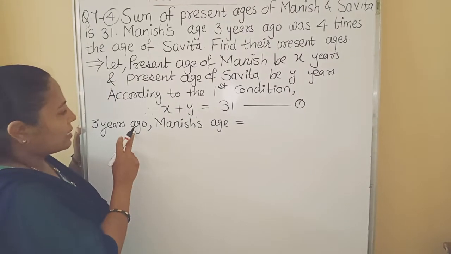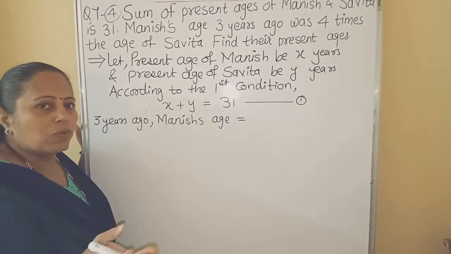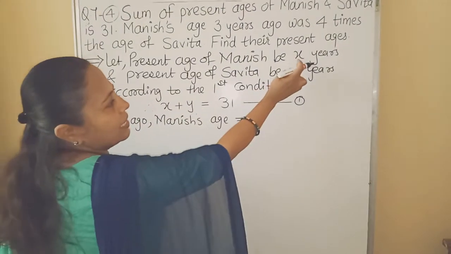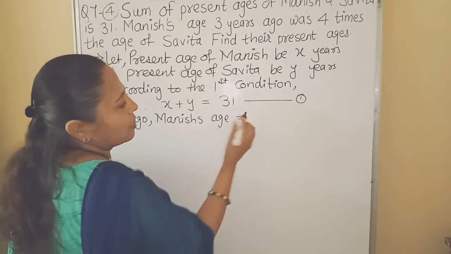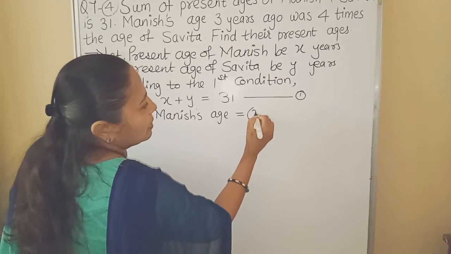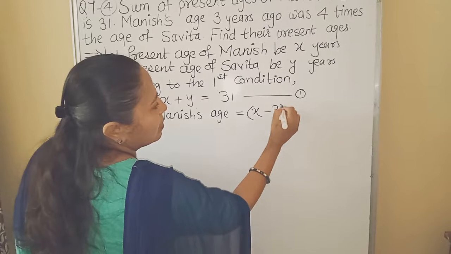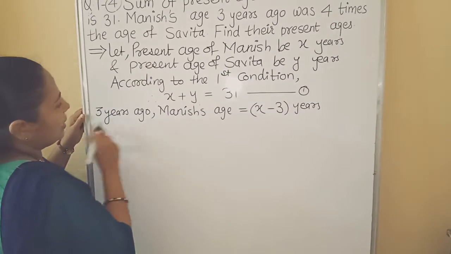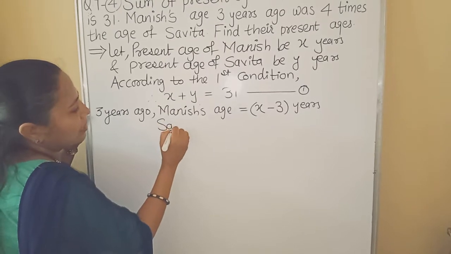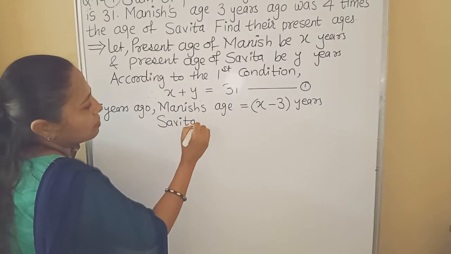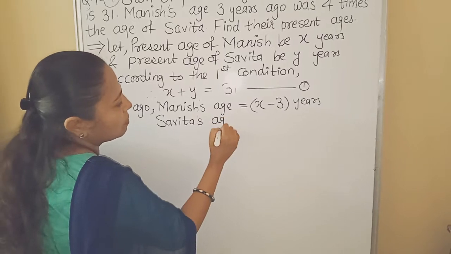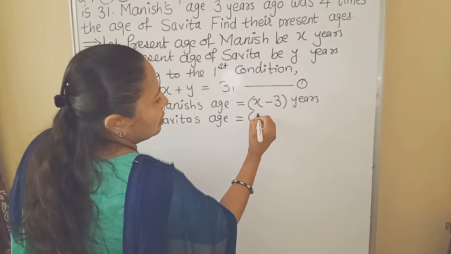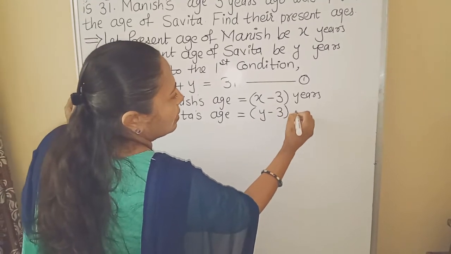To find his age 3 years ago, we have to go 3 years back. So we subtract 3 years from his present age. So 3 years ago Manish's age is X minus 3 years. 3 years ago Savita's age: Savita's present age is Y years, so 3 years ago Y minus 3 years.